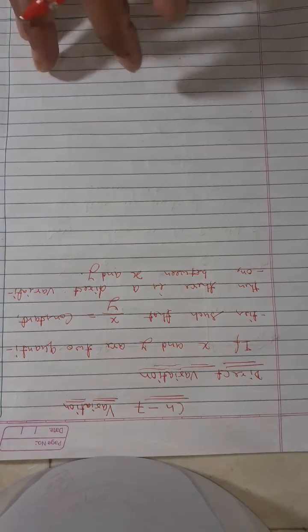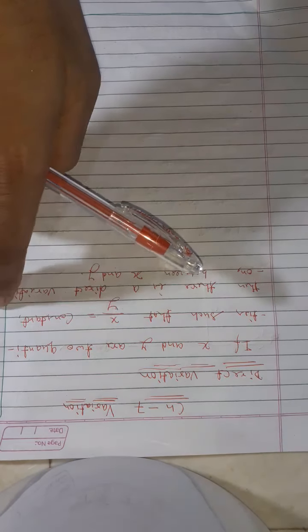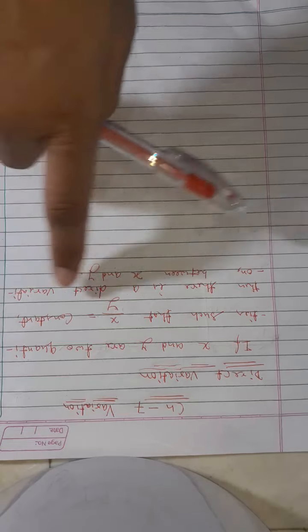Clear? So you understood, if x and y are two quantities such that x upon y is equal to constant, then there is a direct variation between x and y. Understood?